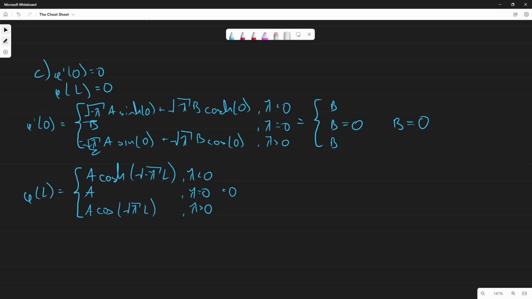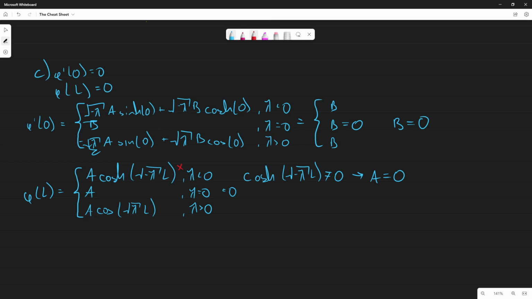In order for this to happen, we can start finding what lambda is equal to. The first one is the same case as the last example for part B. We want hyperbolic cosine of the square root of negative lambda times L to be equal to 0, but this can never be equal to 0, making us put a equal to 0, giving us a trivial solution.